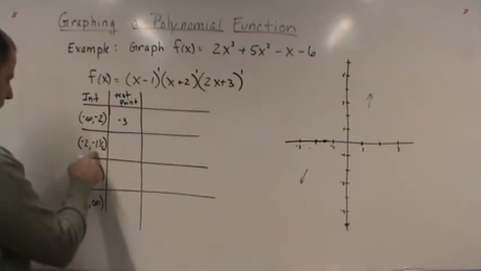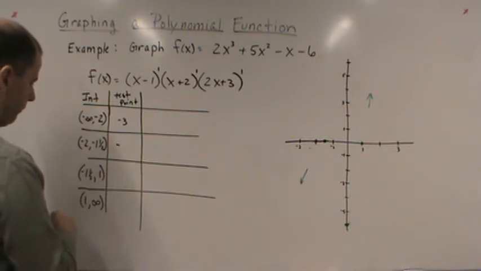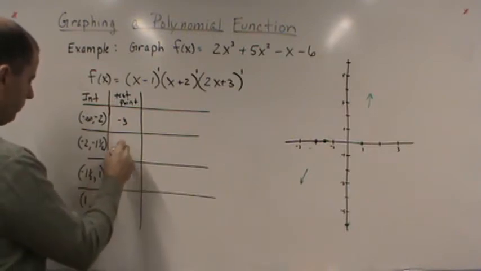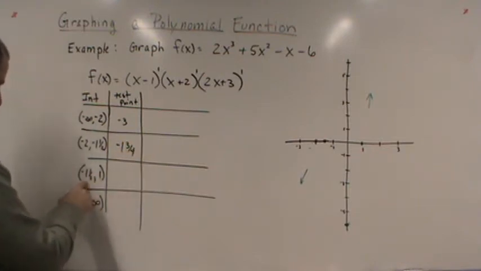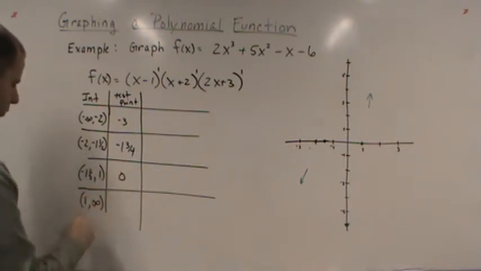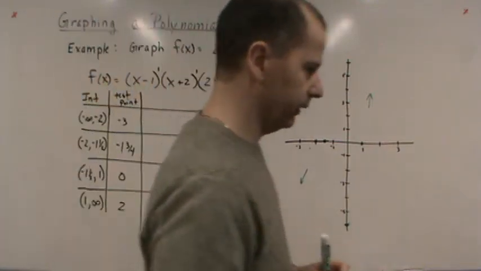So this is negative 3/2, so let's use negative 1 3/4. And then between here, this is an easy one, we'll use 0. And then here we'll use 2.